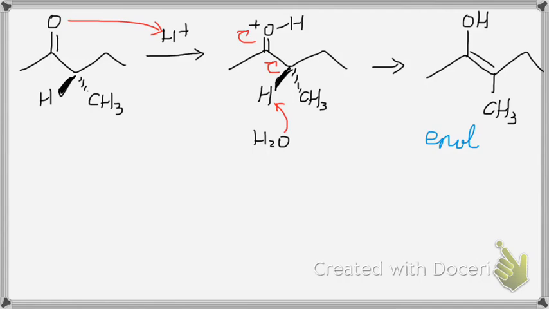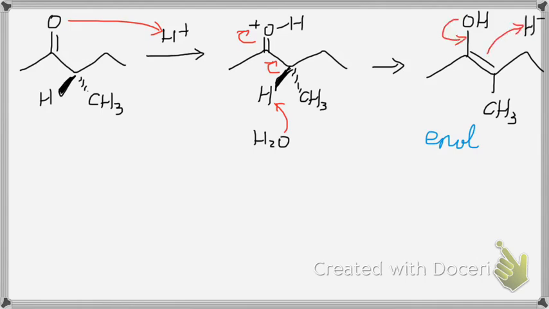So when the enol form goes back to the ketone form, there will be one hydrogen added to the alpha carbon. It's sp2, it's flat now. When that hydrogen is added back to the alpha carbon, it could be added either from the top or from the bottom, giving two enantiomers.